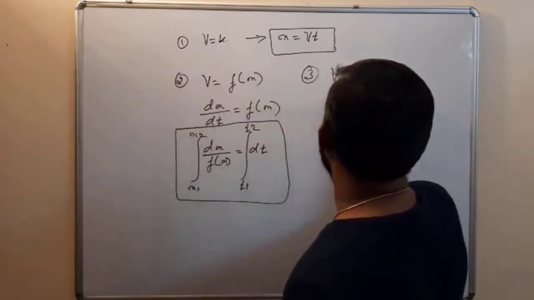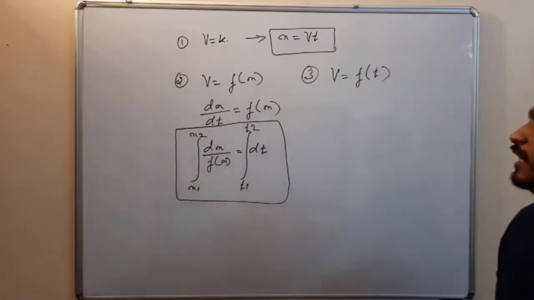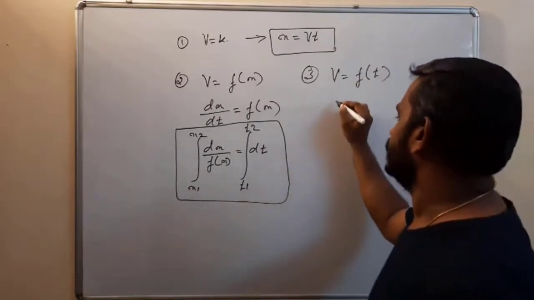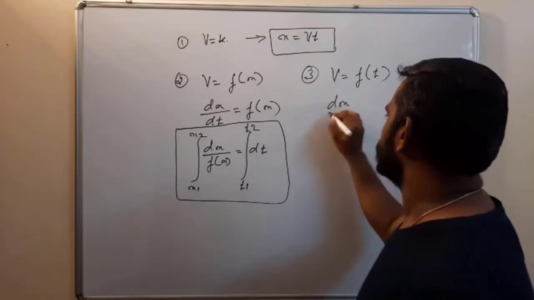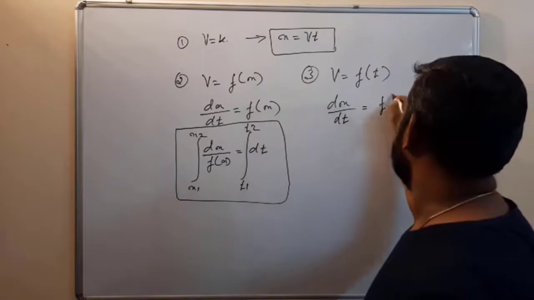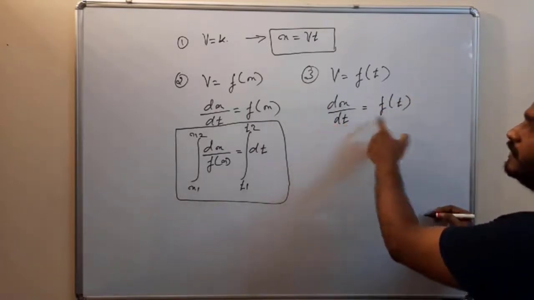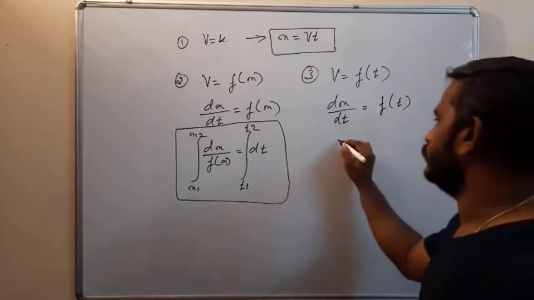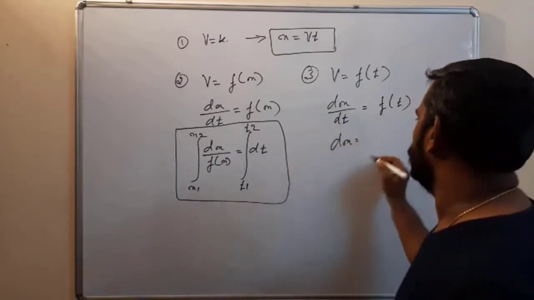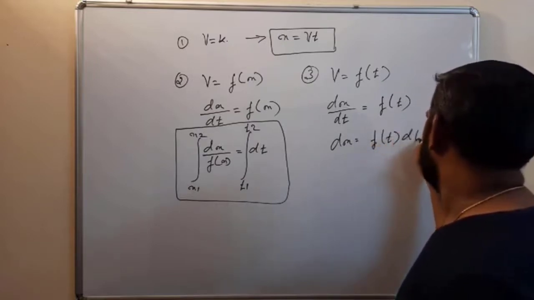Then third case, v is equal to f of t. The first step, write v is equal to dx by dt, so that's equal to f of t. Separate all the t variables on one side and x variables on the other side, so dx is equal to f of t dt.